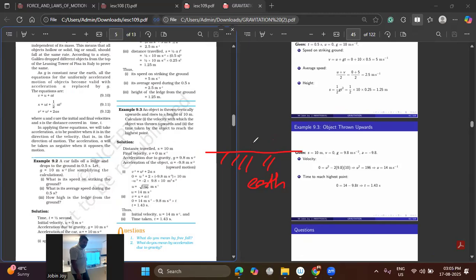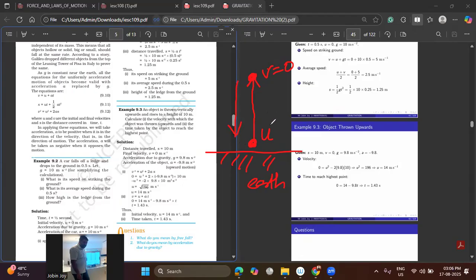From here, an object is thrown vertically upwards with an initial velocity u. After some time, it will reach a particular point. At that point, v is equal to 0. Final velocity becomes 0. Then it will fall back to the surface of the Earth.